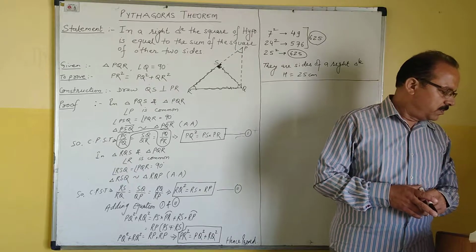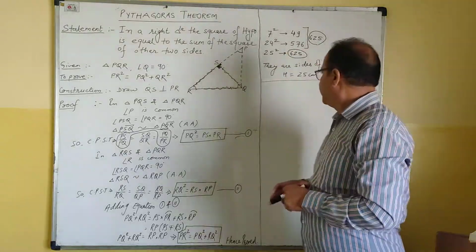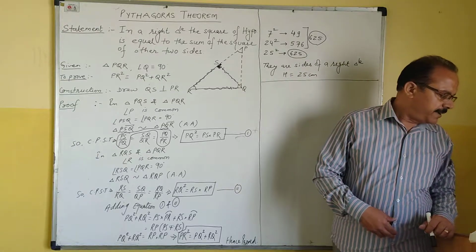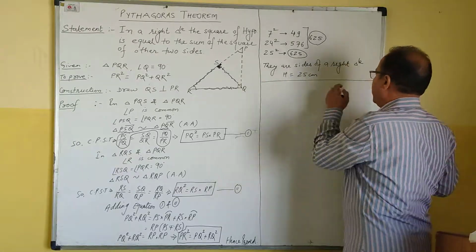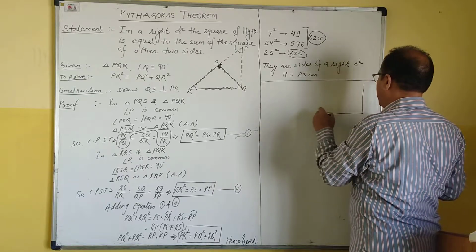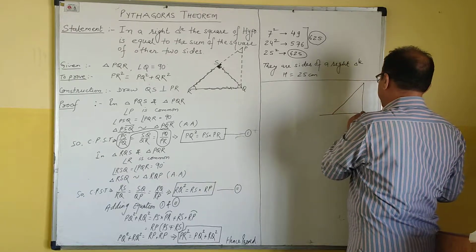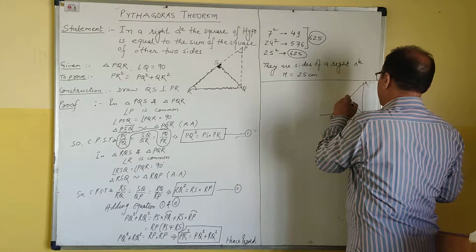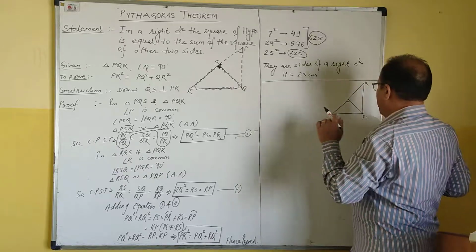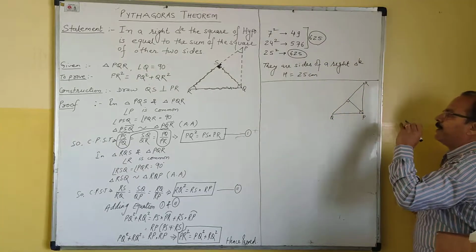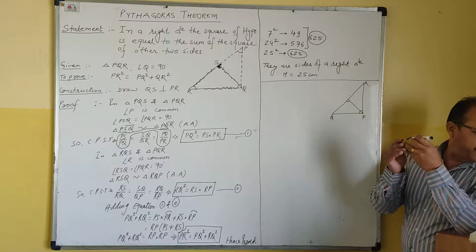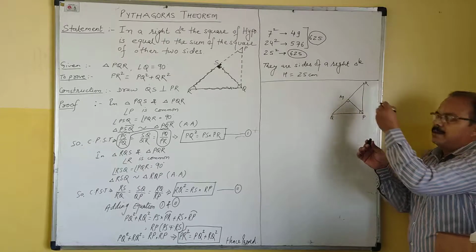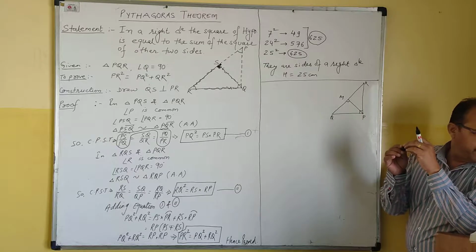And in question number 2, PQR is a triangle right angled at P, and M is a point on QR such that PM is perpendicular to QR.